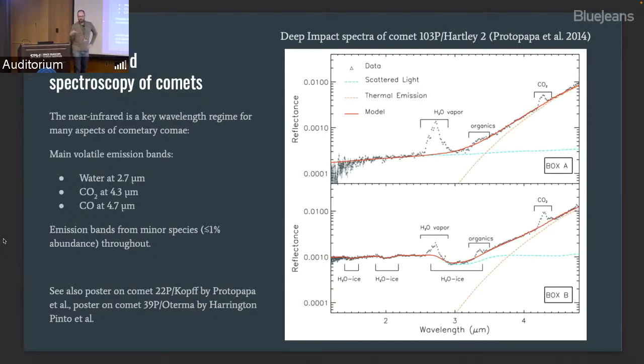However, this happens to be a CO-depleted comet, and it just is not detected in the spectrum. There are other emission bands from other species. They're better studied at higher spectral resolution than this. If you want to know more about cometary spectra with JWST, also see posters by Silvia Protopapa et al. and Olga Harrington et al.